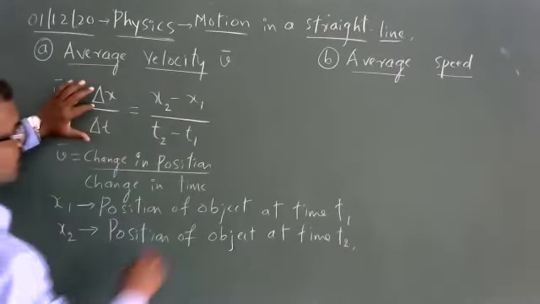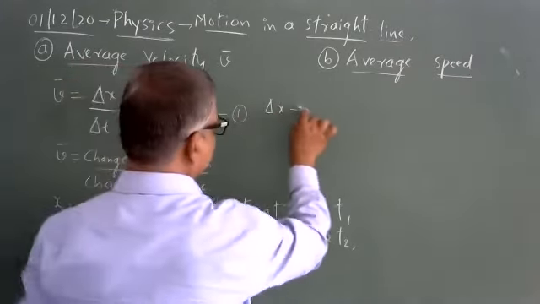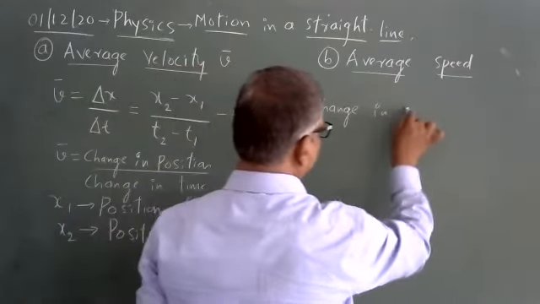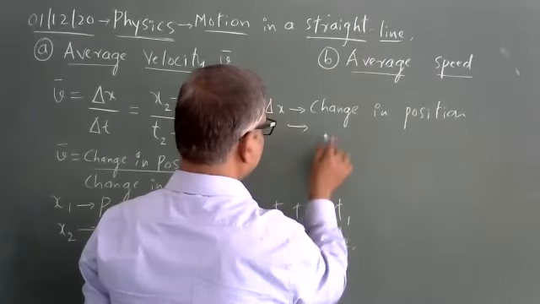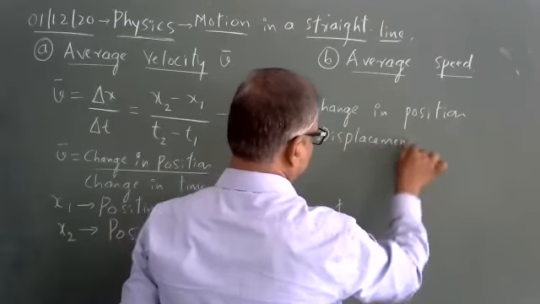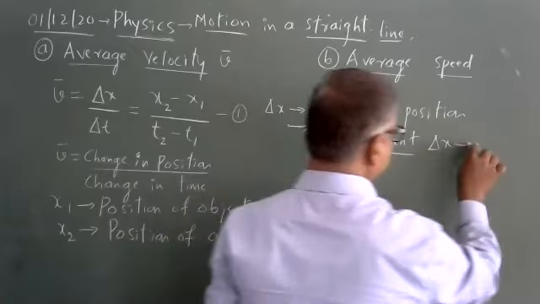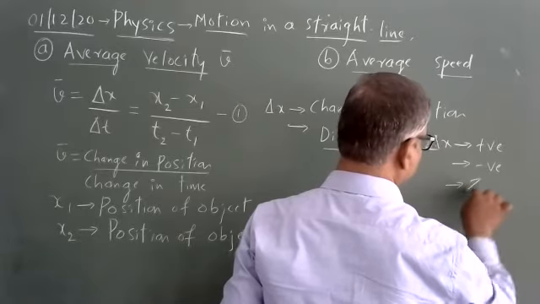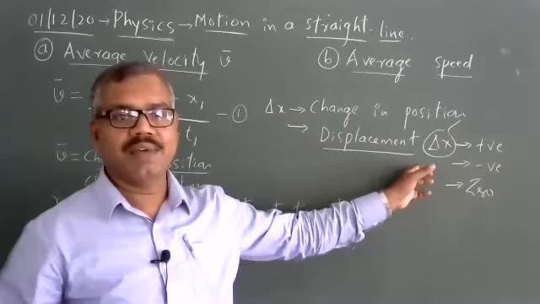Then this delta x, call it equation 1, is called change in position, or it is also called displacement. Delta x is called displacement. Displacement may be positive, it may be negative, or it may be 0. So this delta x takes all three values.